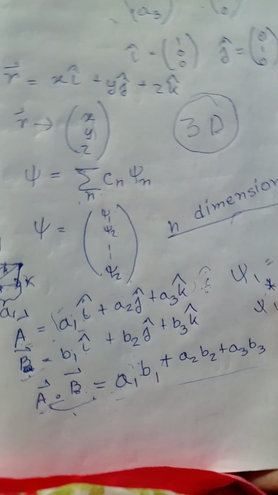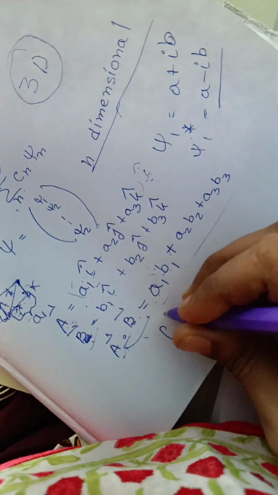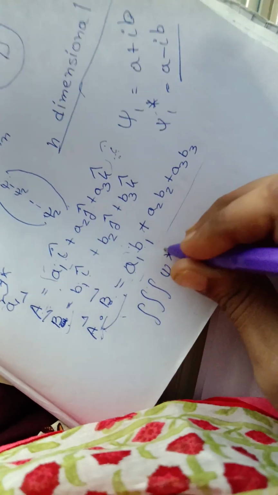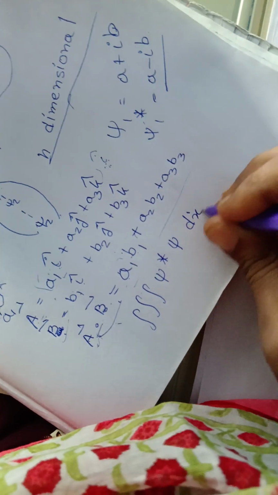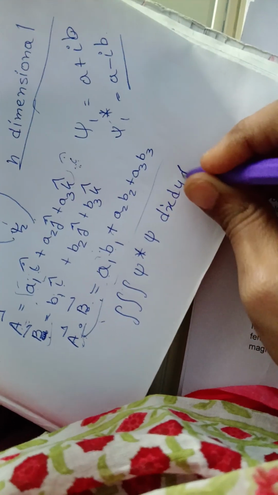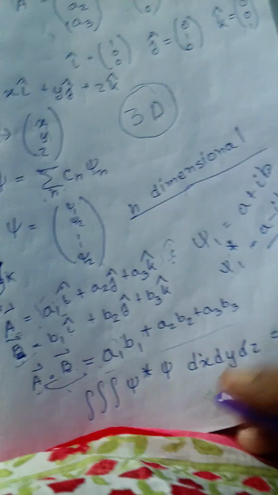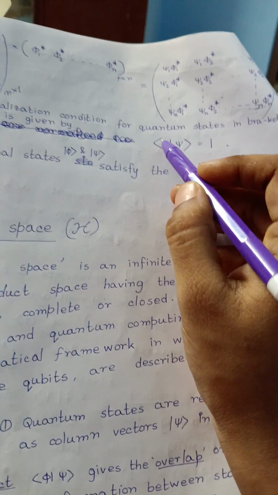What is the normalization condition? The normalization condition represents that the total probability of finding a particle in the whole space is 1. So in a 3-dimensional space, we wrote the normalization condition as psi star psi dx dy dz equal to 1. Now, how can we write it in terms of Bra and Ket?